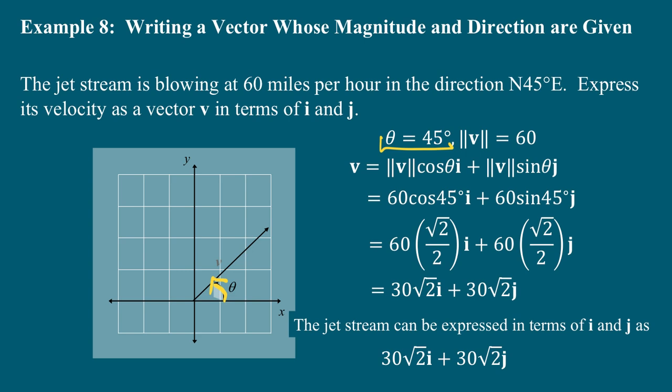So you just used the angle as given. And then when you plugged into your formula here, we needed to look up cosine of 45, which is square root 2 over 2, and the sine of 45, which is also square root of 2 over 2. When I work that out, I come up with a vector of 30 square root 2 i plus 30 square root 2 j.